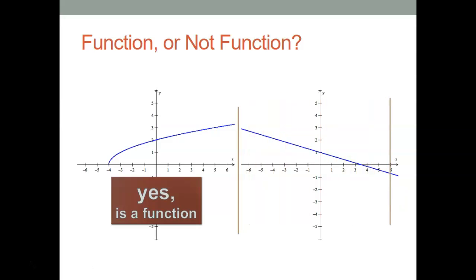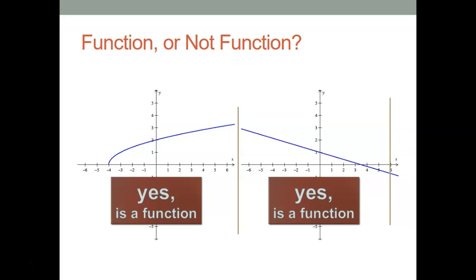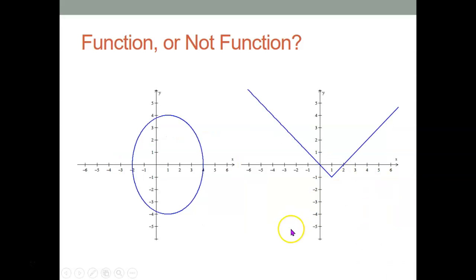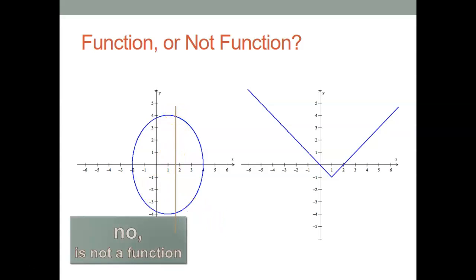Yes, every vertical line would only touch this graph at one point, so yes, this is a function. What about this graph? Well, here's an example of a vertical line that touches the graph at 2 different points. So no, this is not a function. What about this one? Is it a function or not?